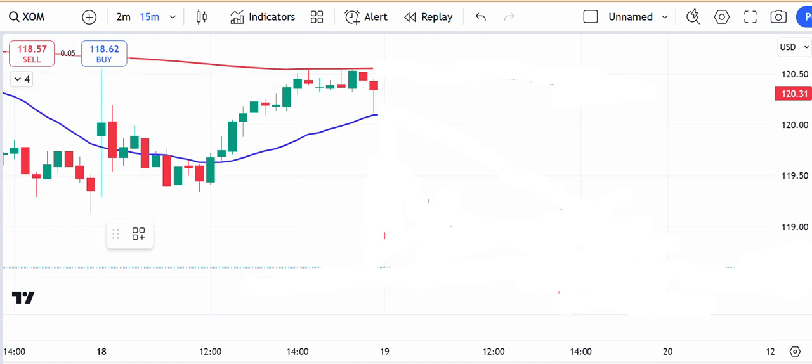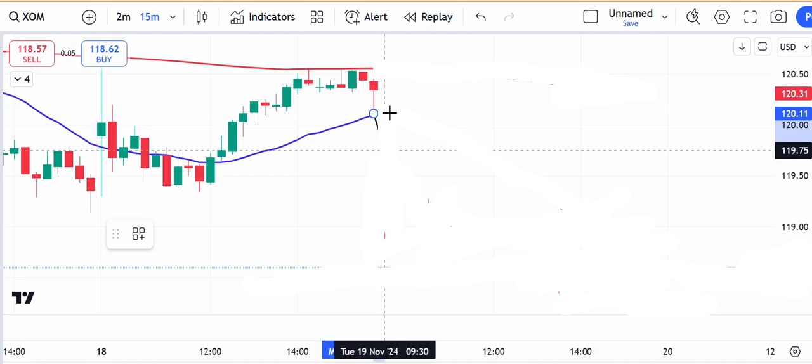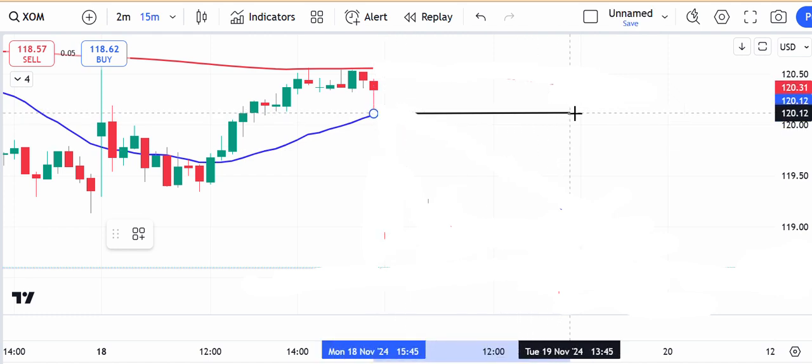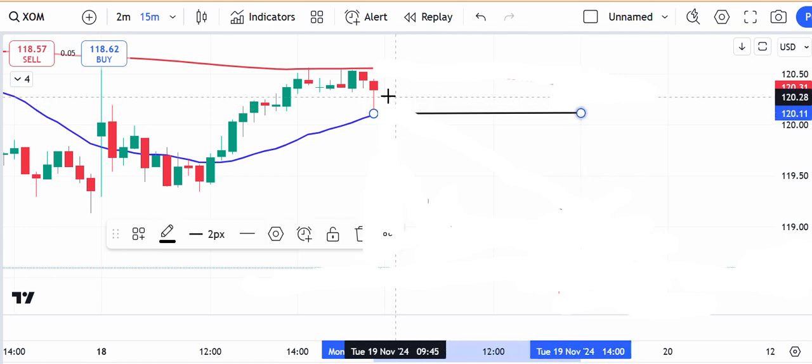First and foremost, it's going to consist of your 20 moving average. That's your first thing. 20 moving average is this blue line right there. We're going to draw a line out like that with that.